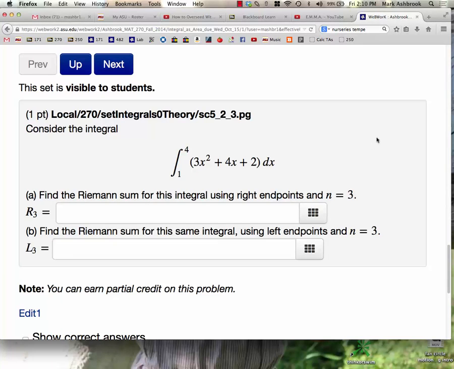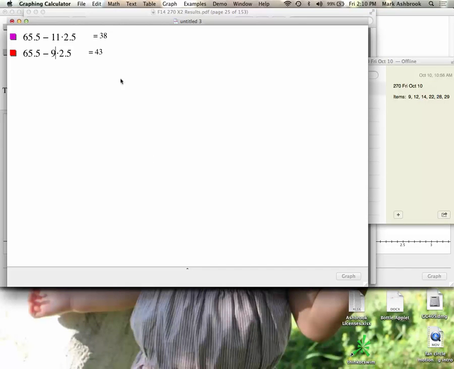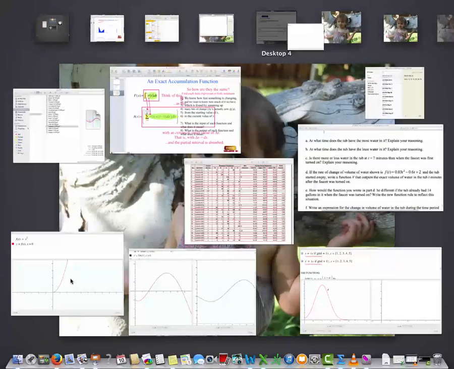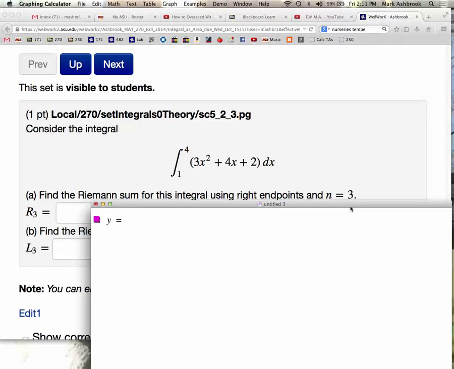So I'm going to need to graph this so we can get a good picture. So I'm graphing calculator. Okay, so we can graph 3x squared minus 4x plus 2.